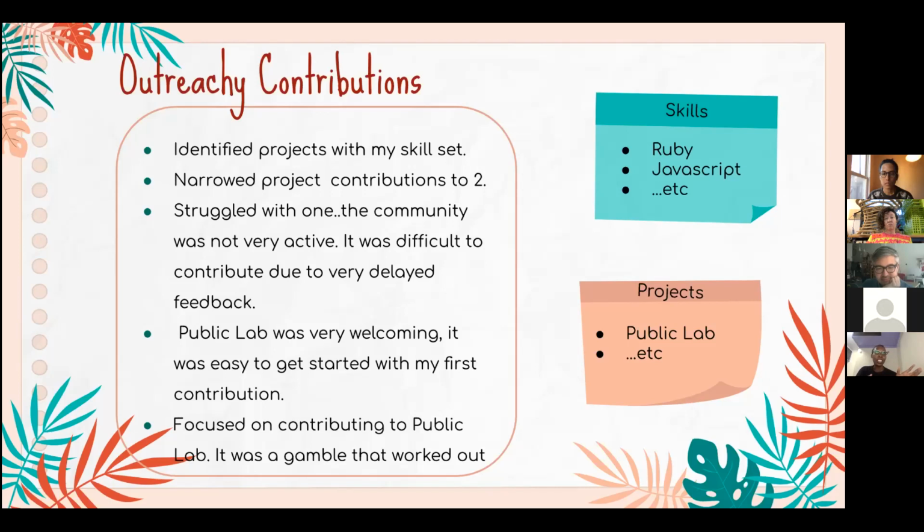And Outreachy needed 1 merged pull request so that you can apply to the project. So it was very difficult getting feedback. And when the feedback was shared, it was difficult clarifying it, because it takes an extra 2 days. So at that point, I decided to focus on Public Lab.